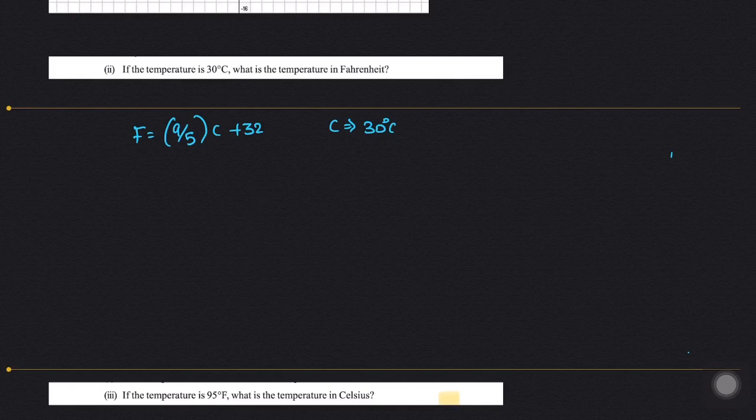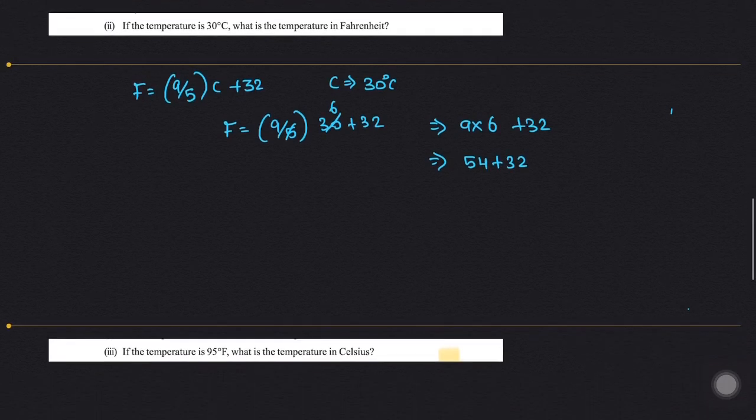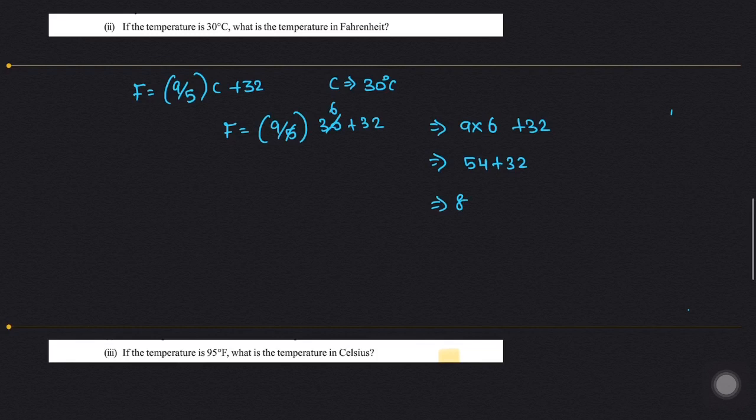So just replacing, F = 9/5 multiplied by 30 plus 32. After cancelling, we get 9 multiplied by 6 plus 32. So 54 plus 32, the final value is 86.